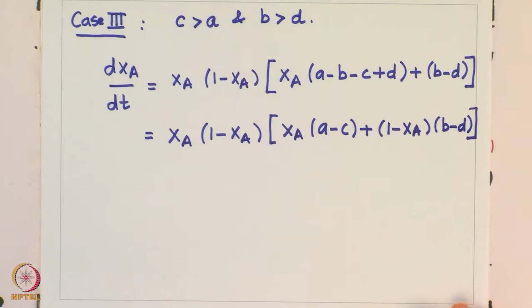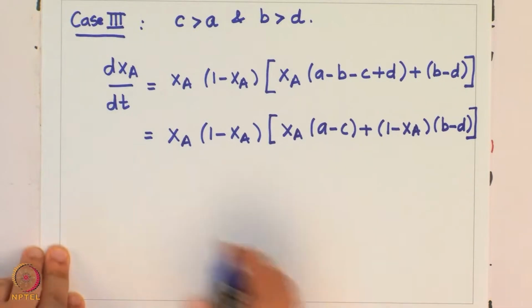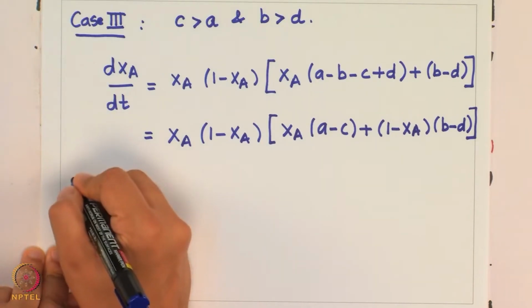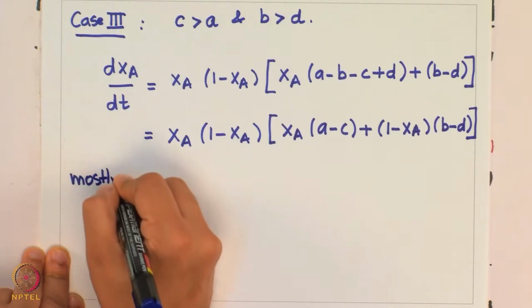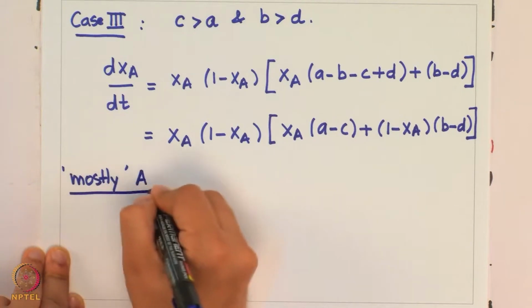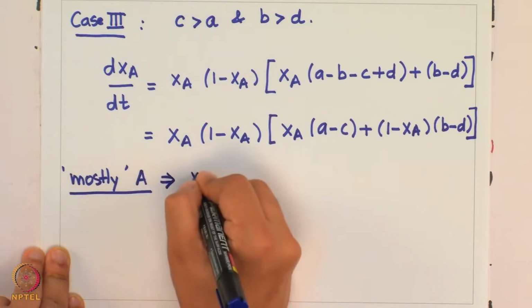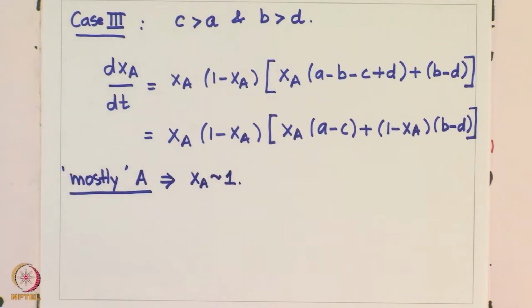So, what does this tell me about the dynamics of the system? What this tells me is that when the population is mostly A, and I am using the word mostly in quotes here, which implies that x_A is approaching 1, not quite 1, but approaching 1.